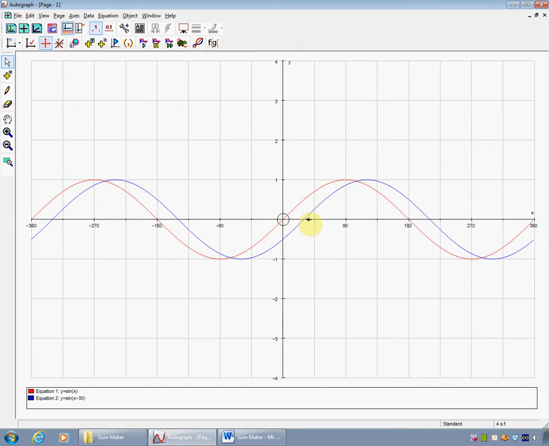And that's a theme I'd like you to pick up on. If I'm adding or taking away stuff, all that's happening to my function is that it is moving. If I'm adding stuff outside of the brackets, that affected our y, and it went as we expected. If we add stuff, it goes up the axis. If we took away stuff, it goes down the y-axis. However, it's not as we would expect with the x.